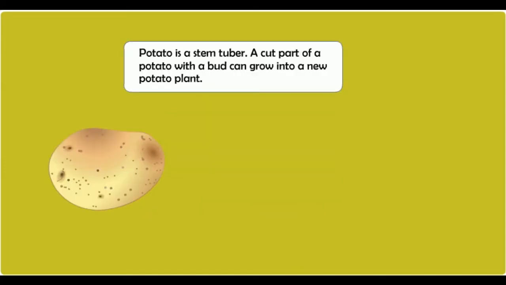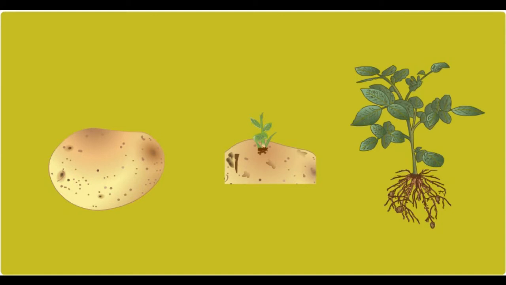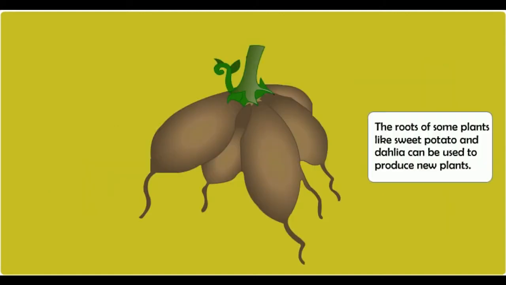Potato is a stem tuber. A cut part of a potato with a bud can grow into a new potato plant. The vegetative propagation method of producing potato plants by using potato tuber cuttings is much faster than the production of potato plants from seeds.